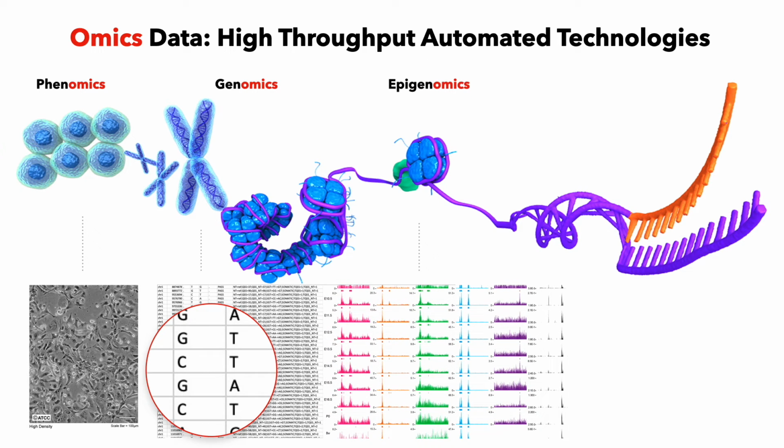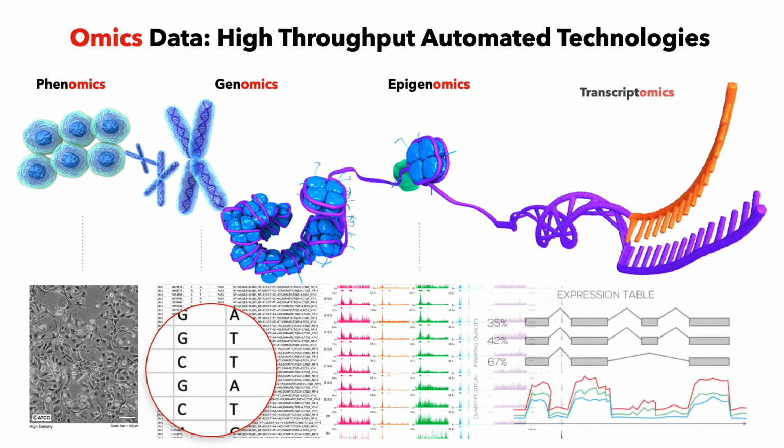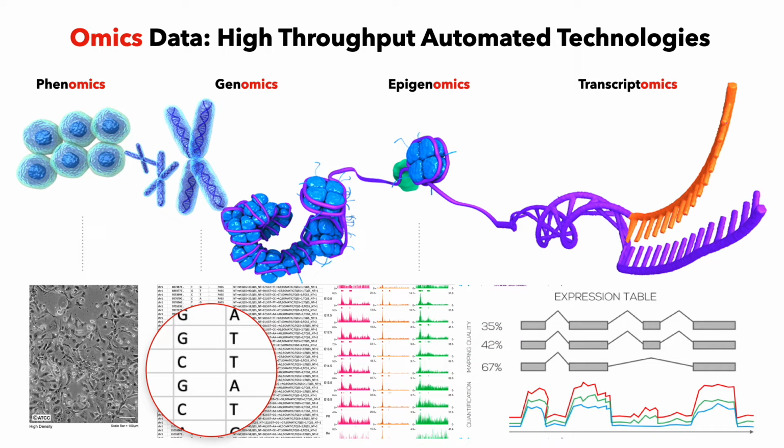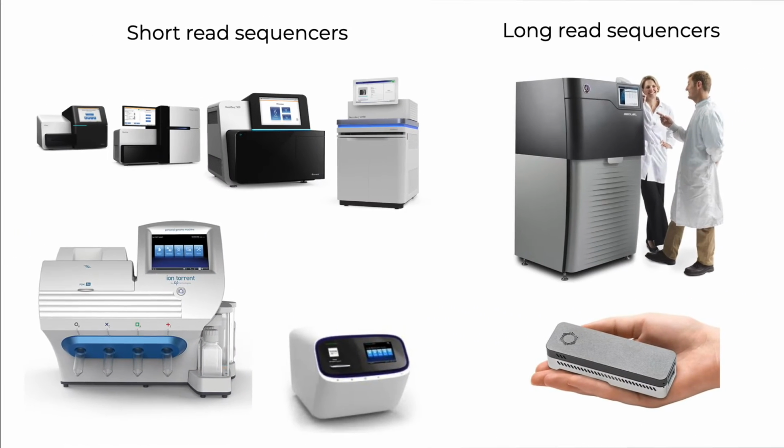Epigenomics allows us to study epigenetic variation, or variation that is not dependent on the actual sequence of the genome. This includes such methods as DNA methylation. Transcriptomics allows us to understand gene expression, or how much of a certain gene is being expressed in a cell or a tissue. This is done using a variety of platforms.